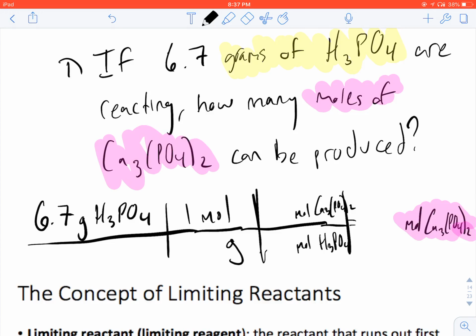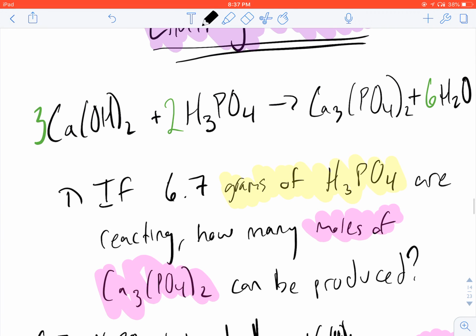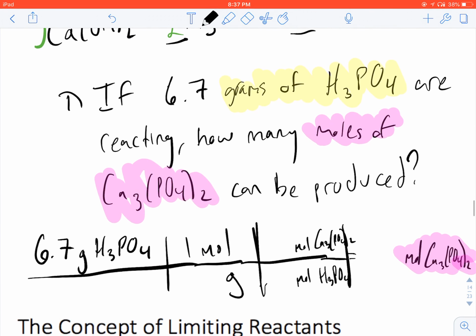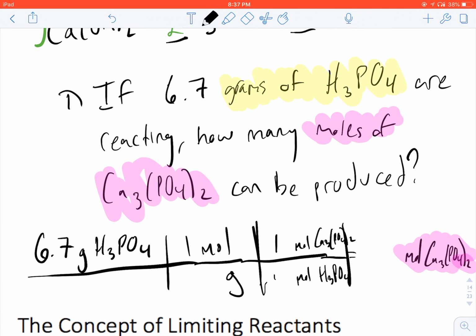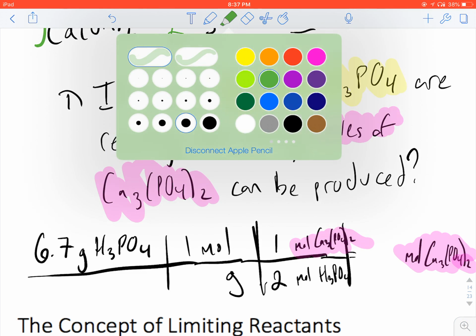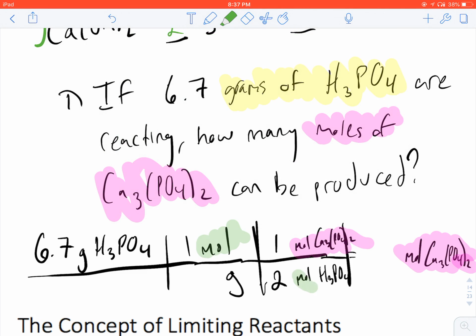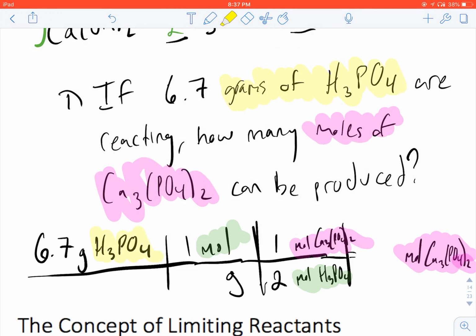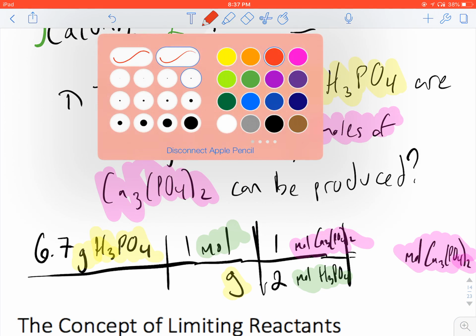All right, so for this mole ratio, I'm going to look up at the balanced equation: 2 moles of phosphoric acid, 1 mole of calcium phosphate. Let's put those in. Keep the colors. Let's make this one green, and this one yellow.